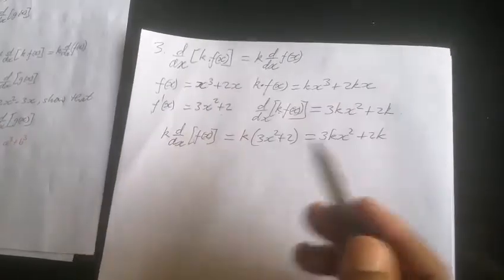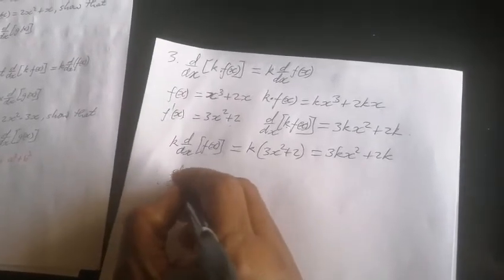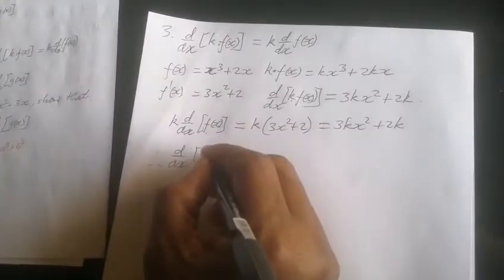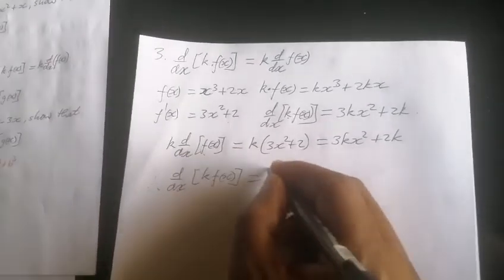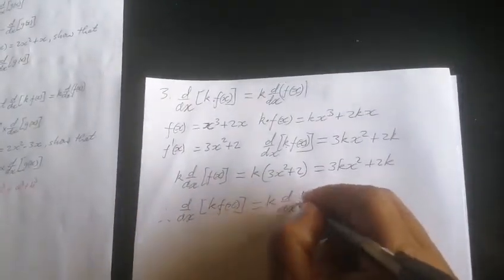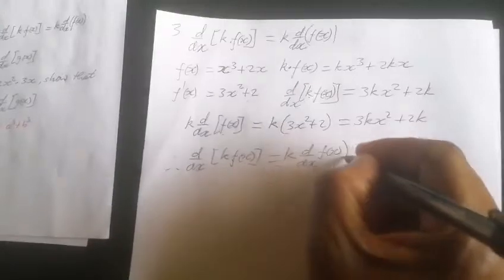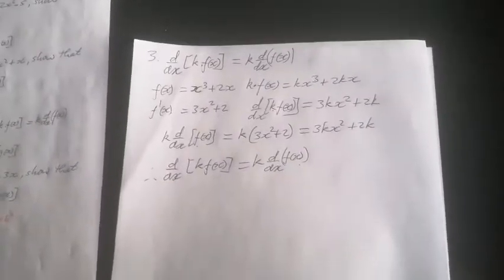The left hand side is equal to the right hand side. Therefore, this is true. Therefore, d dx of k f of x is the same as k d dx of f of x. Very, very important for us to understand, good people.